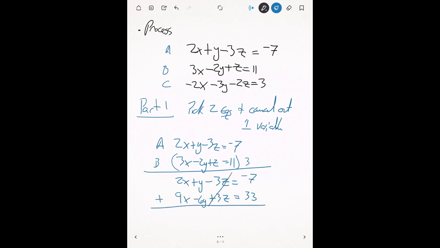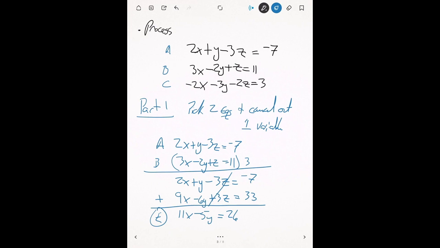I'm canceling out the 3z's, and I get 11x minus 5y equals, let's see, 33 minus 7 should be 26. And there we go. That's my new equation. We'll call this equation E, okay? So I've canceled out one of the variables, and I got this new equation, 11x minus 5y equals 26.